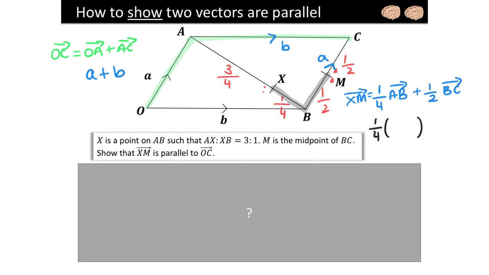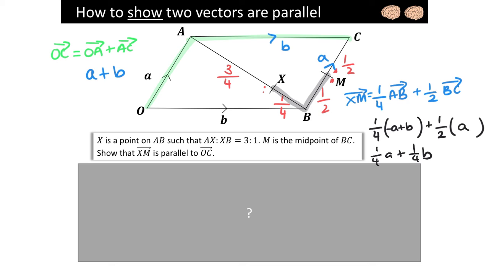So, negative A plus B. And then plus a half. What is B to C? B to C is still in this direction, so this is A. Okay, so quick maths. I'm going to get a quarter A plus a quarter B. Okay? And if I expand and simplify everything.